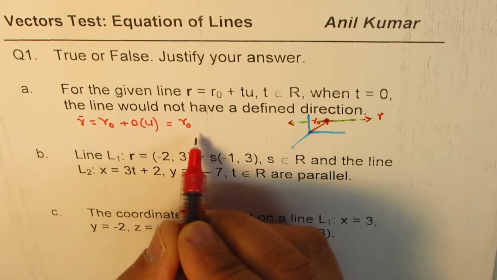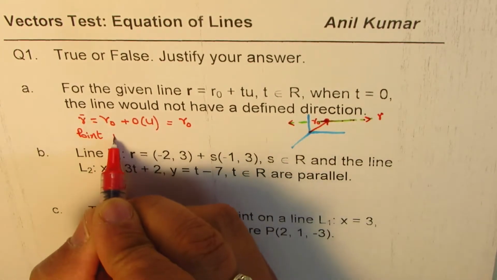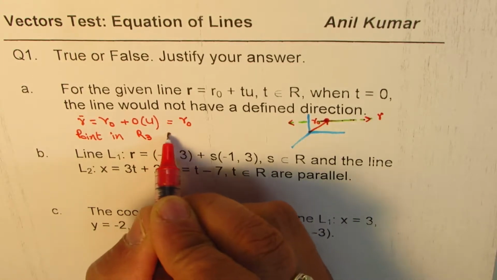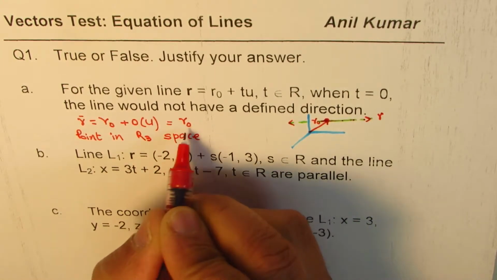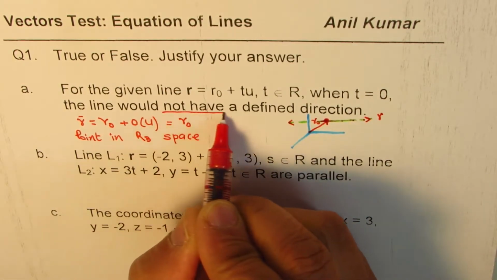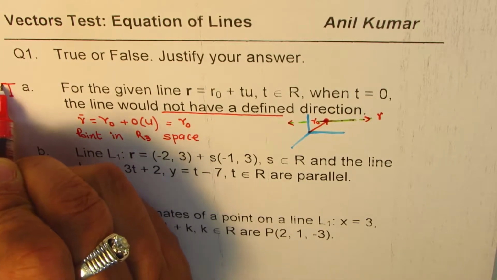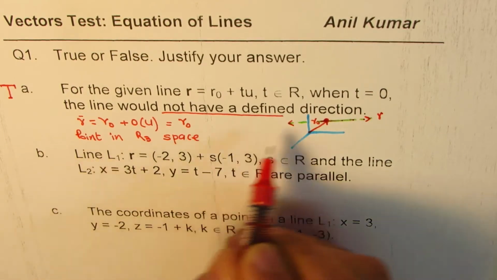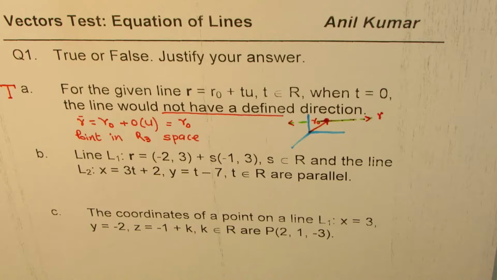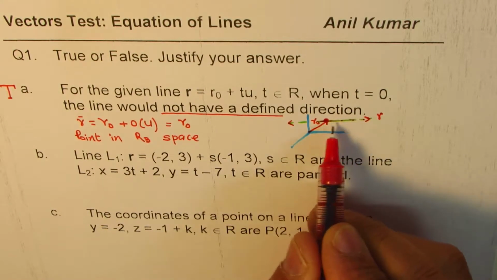It's a point definitely on a line, but in R3, in space, a point does not give you direction, so it does not have a defined direction. So we say yes, this statement is true. It really represents a point, and this point does not give you the direction. It may be on this line, but does not give you the direction.